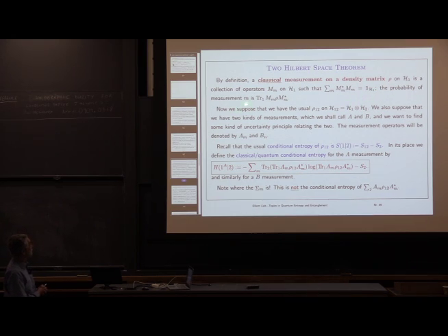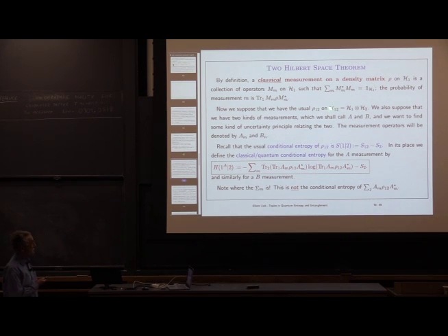And the probability of the measurement M is you take the trace of M rho M star. So you get a bunch of numbers this way. That's the probability of measuring M when you have your density matrix. That's basic quantum mechanics.